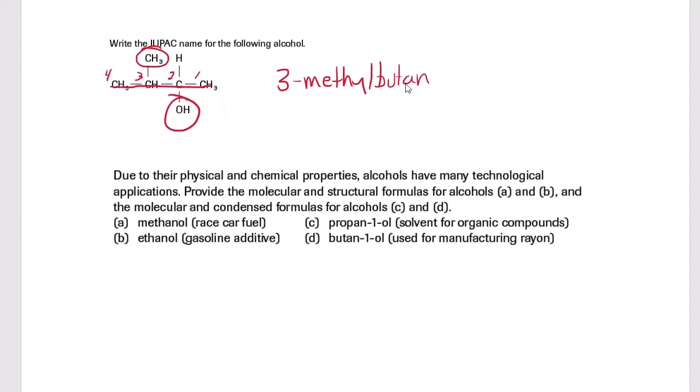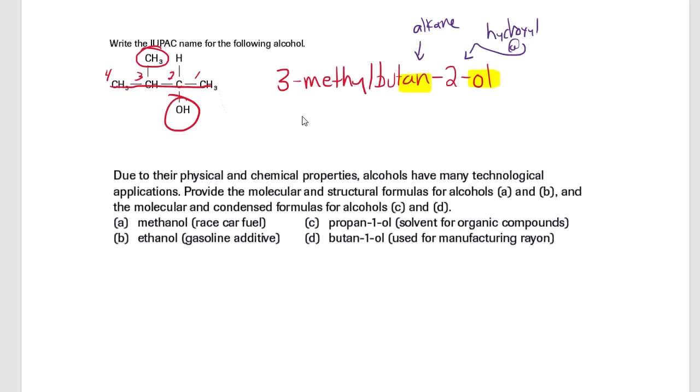So it'll be 3-methylbutan-2-ol. Okay, so we've got the an to tell us that this is an alkane, and the ol tells us that it contains a hydroxyl at carbon number 2. And then this part we've done lots before. There's a methyl at carbon number 3.